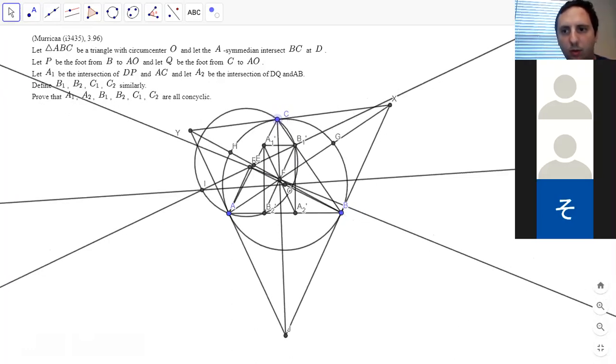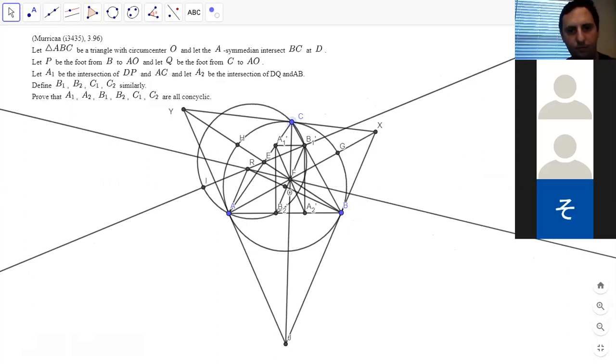And maybe there's a better way to define B1 prime.